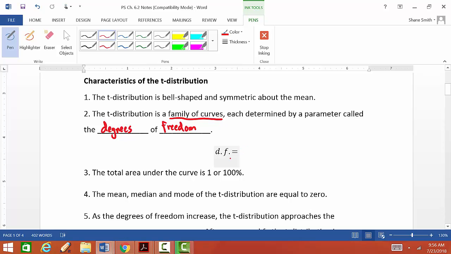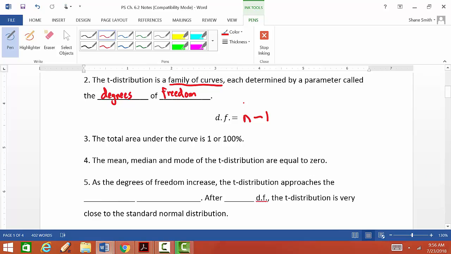The degrees of freedom is equal to the sample size n minus 1, and that's it. Isn't that nice? But that's basically the most distinguishing feature.